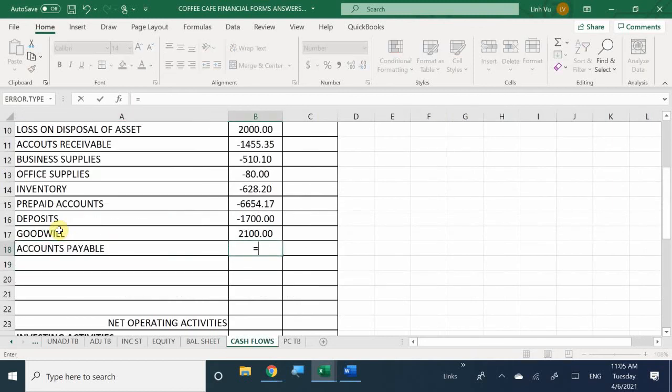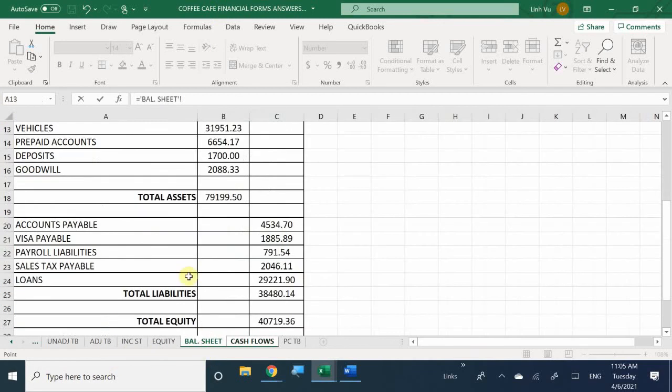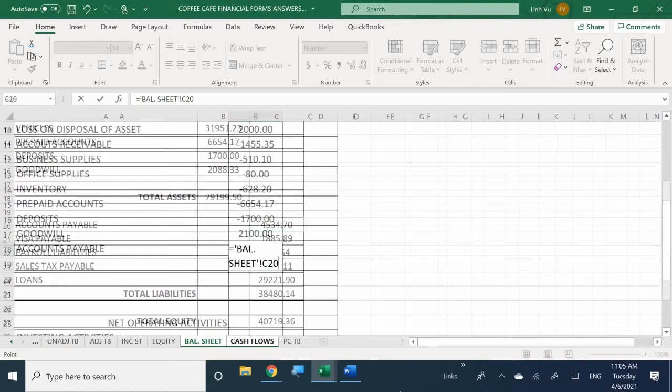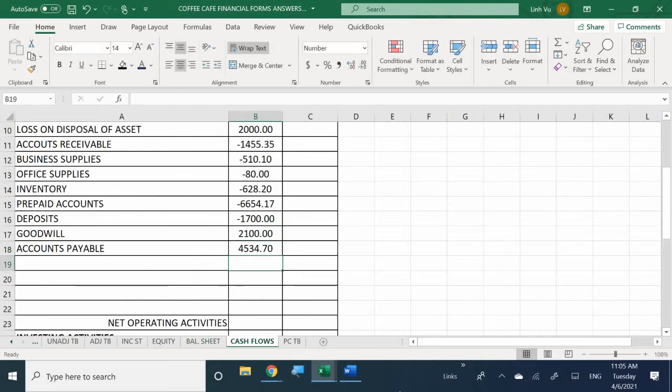Now let me ask you this. Did I actually pay this off? Did I pay $4,534.70? No. So that means I still have the money. So I need to add it back to my cash flow because I never spent the money.